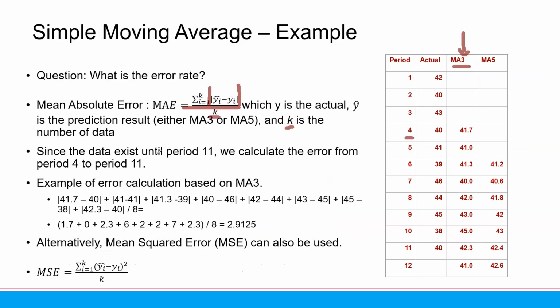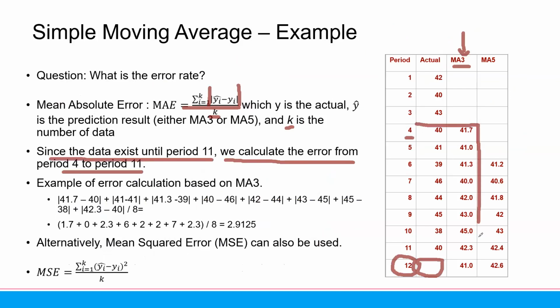Since the data exists until period 11, we calculate the error from period 4 to period 11. In period 12, we don't have any data, so we cannot check with the actual data. Then we will do the error only based on periods 4 until 11.